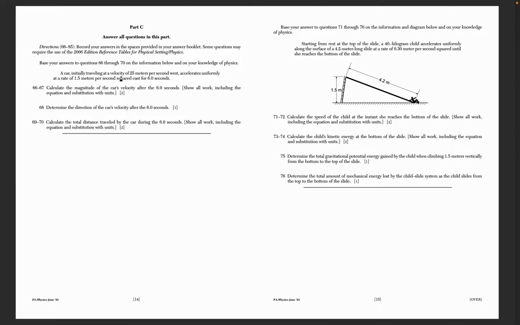So we have the initial velocity, we have the acceleration, and we have the time, and we're trying to look for the speed.